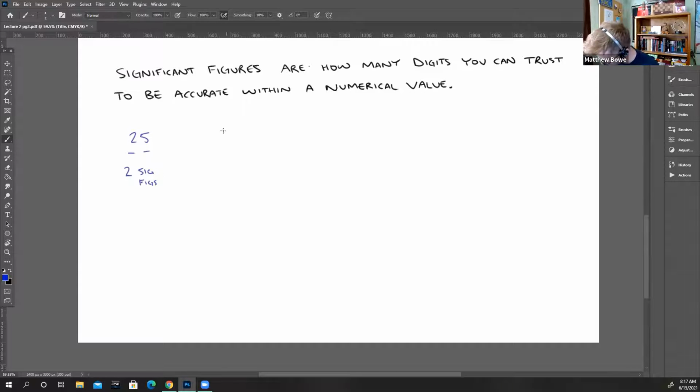Then let's do 250. There is a problem here. We don't know if whoever took this value, it is quite large, maybe they just rounded this last value right here.